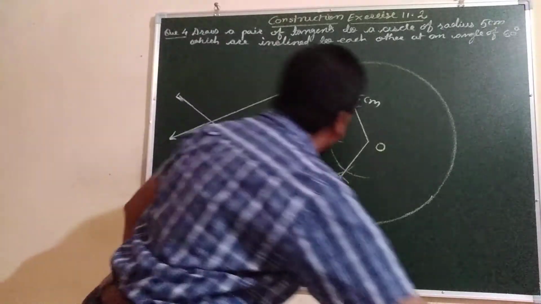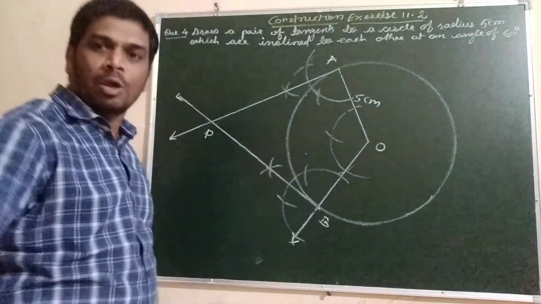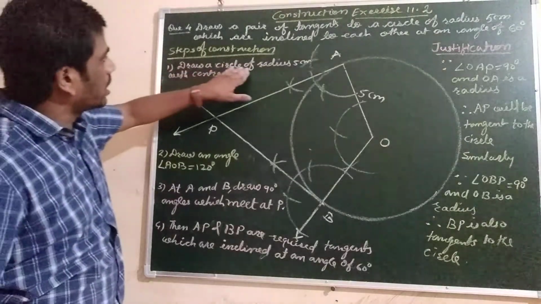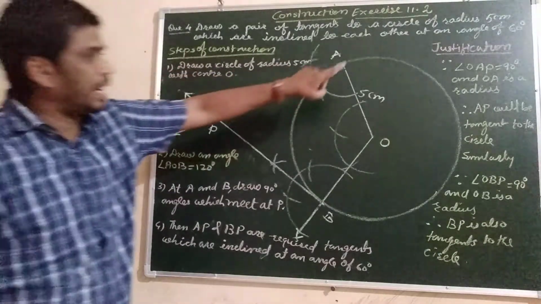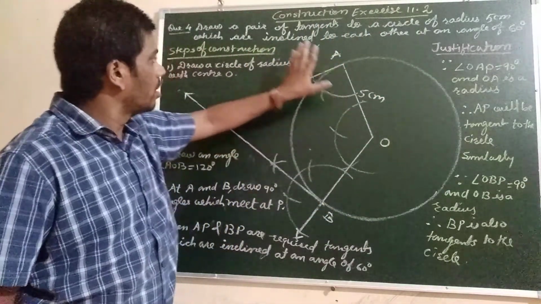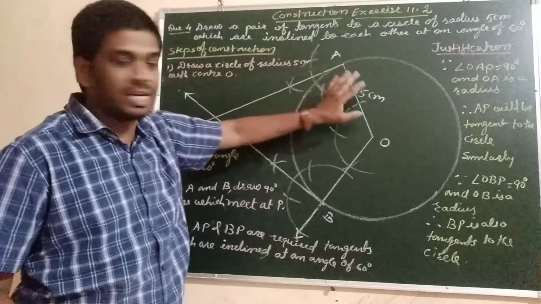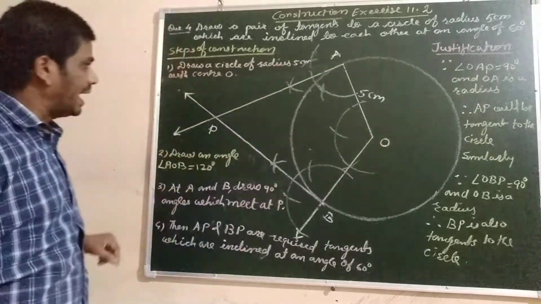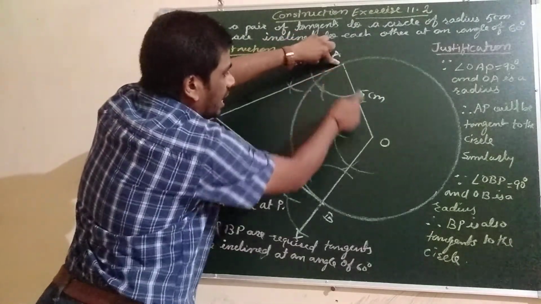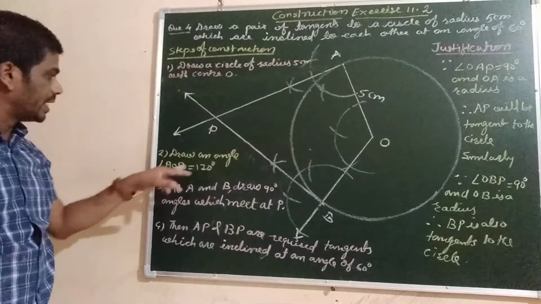Let us write the steps of construction. First, draw a circle of radius 5 cm with center O. This is the circle we have drawn. Second, we draw the angle AOB of 120 degree.